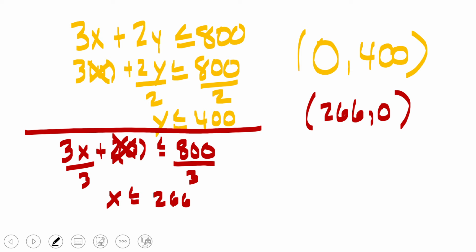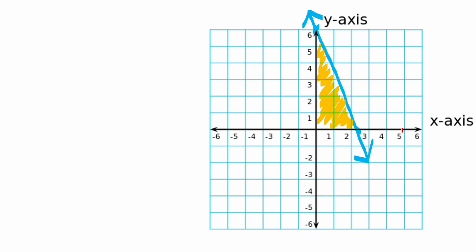Okay, so if we graph these, it will fall at 0, 400 and somewhere around 266, 0. So somewhere in here, and we're going to have an intersection happen on our two lines at some point.